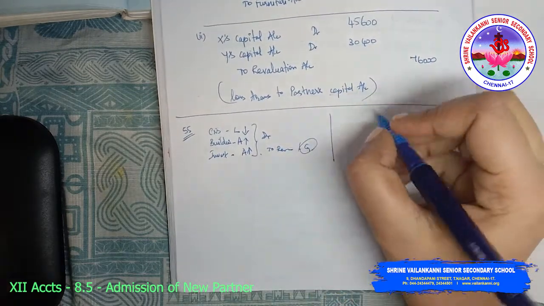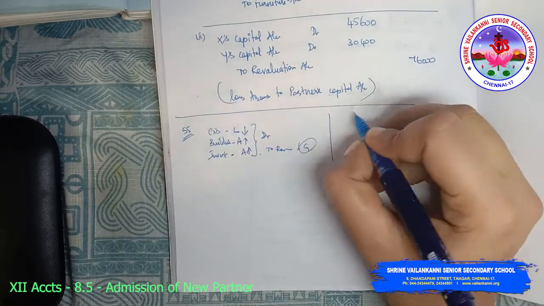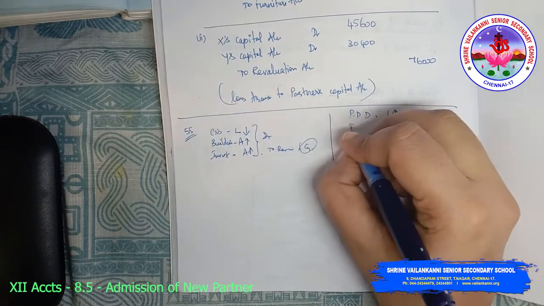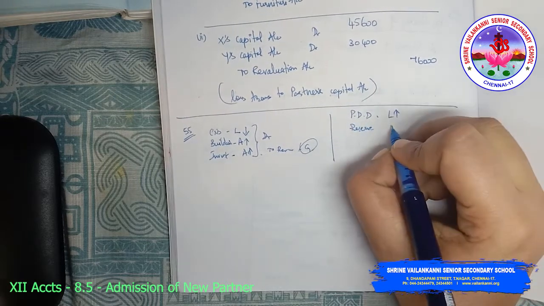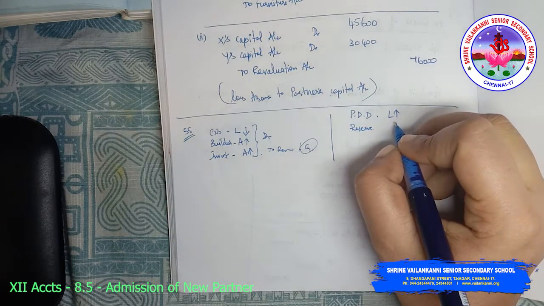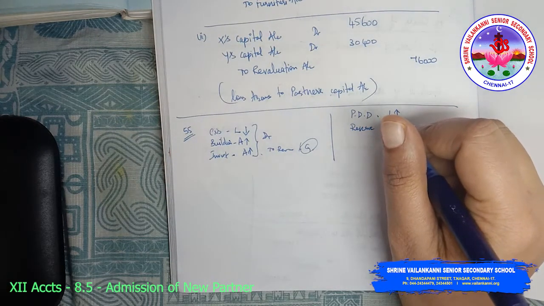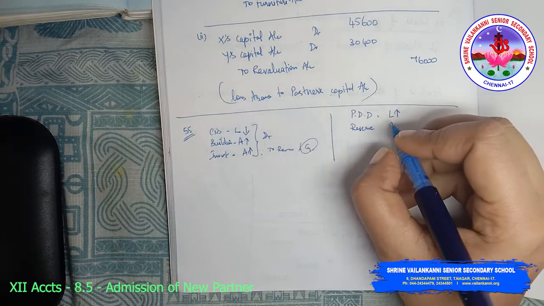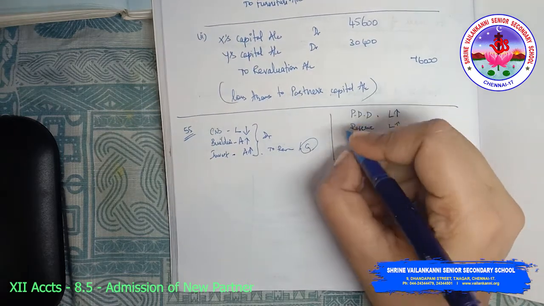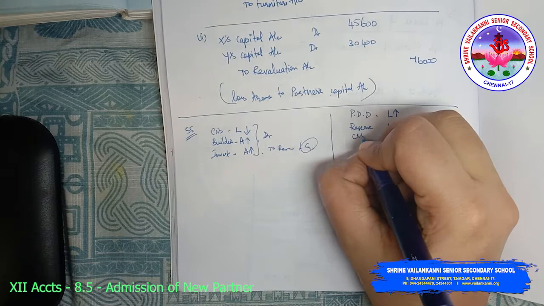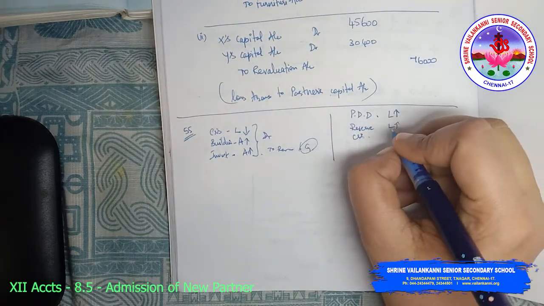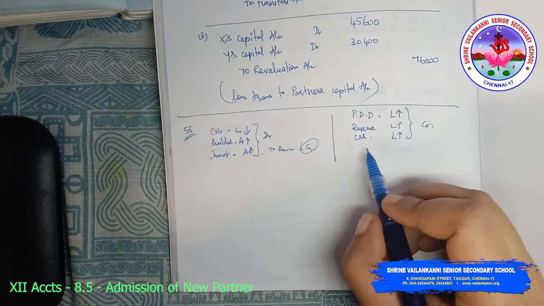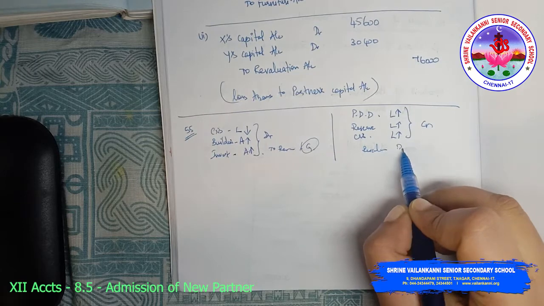Similarly, you have provision for doubtful debts, which is a liability increase. Then reserve for repairs, a 2,000 provision for outstanding bills for repair, so liability increase. And then there's one more creditors, liability unrecorded, so liability increase. So these are all to be credited because revaluation has to be debited.